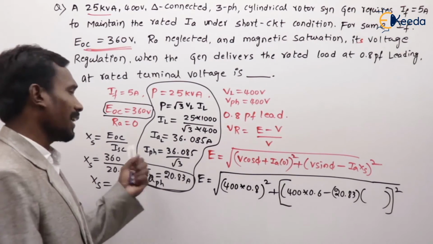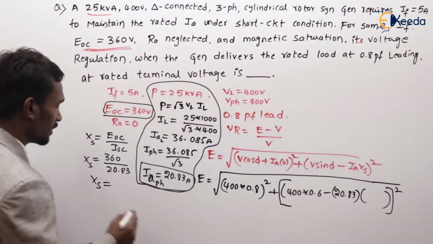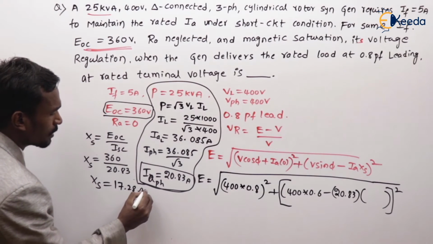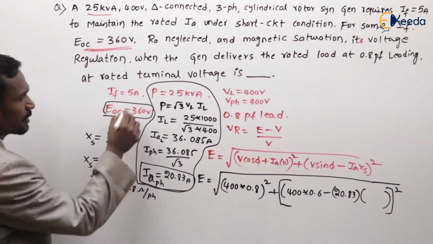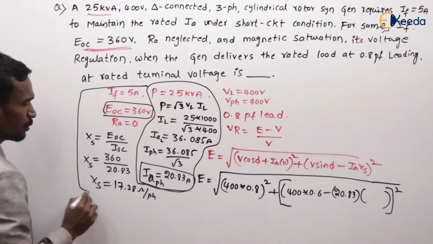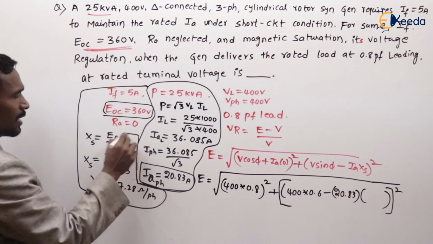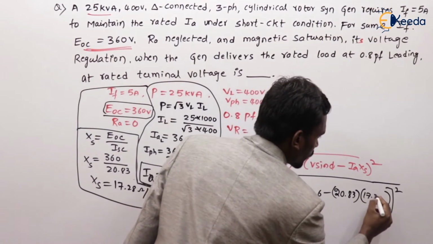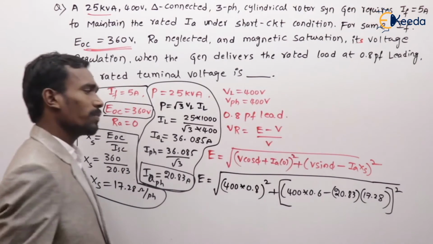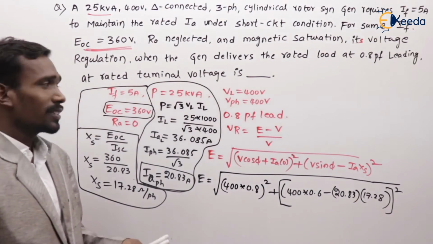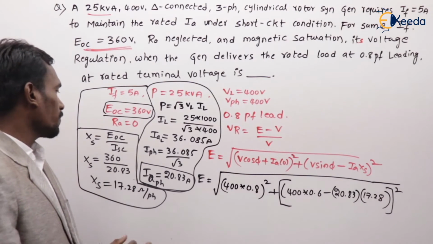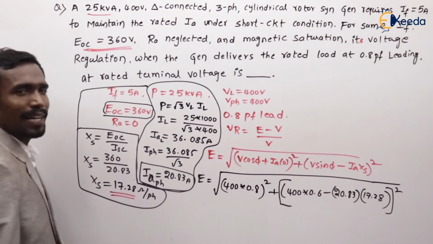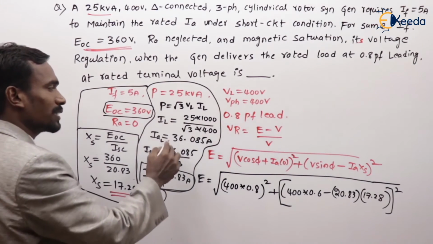If you calculate this value, you get 17.28 ohms per phase. Actually IA is line current, so we have to convert it into phase.